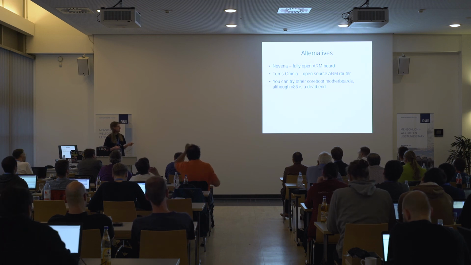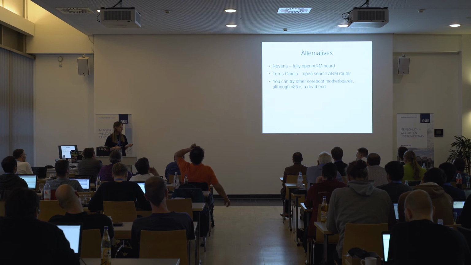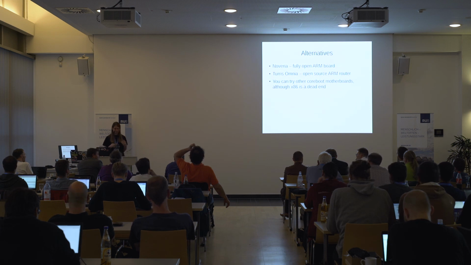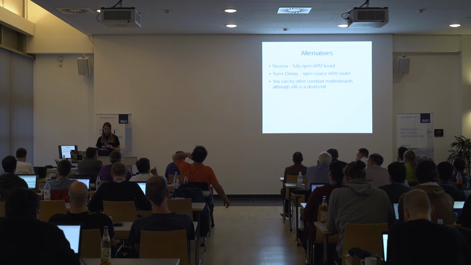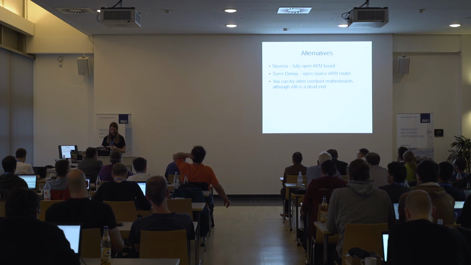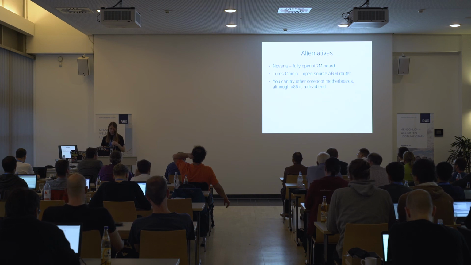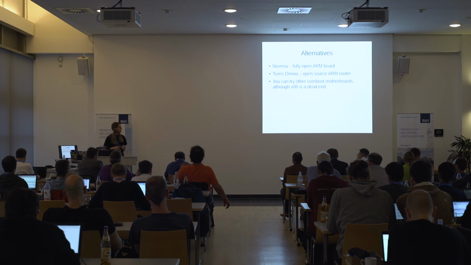I also looked at some alternatives to coreboot with things like OpenBSD, etc. There apparently is the Novena board. It's supposed to be a fully open ARM board, quite low power, but still can be nice. There's Turris Omnia.